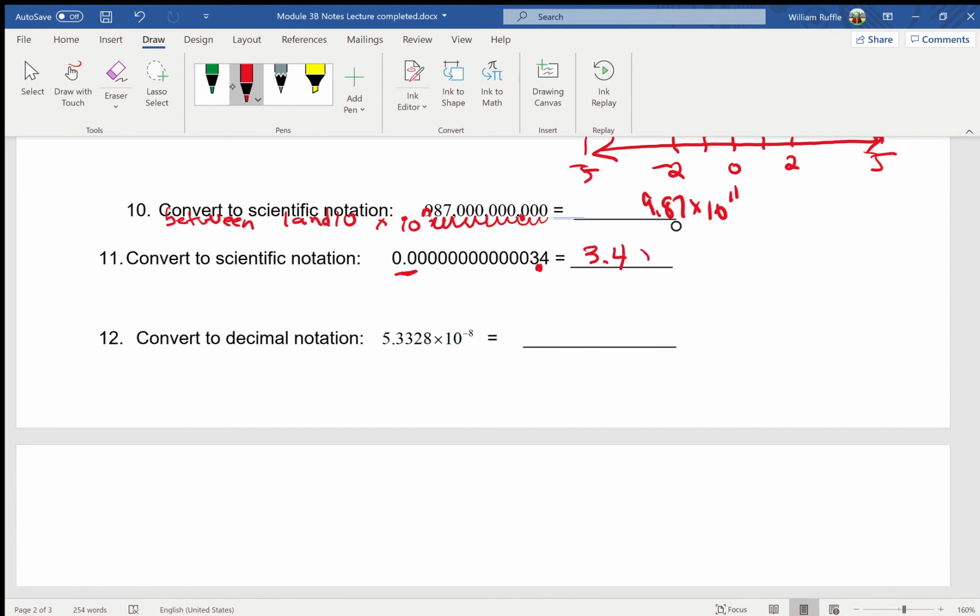And then it's going to be 3.4 times 10. Now, how many spaces do I need to move it over? Starting here, so 1, 2, 3, 4, 5, 6, 7, 8, 9, 10, 11, 12, 13 spaces. So it is 3.4 times 10 to the negative 13.